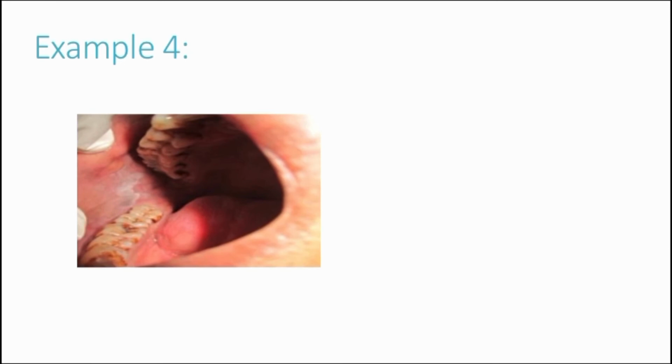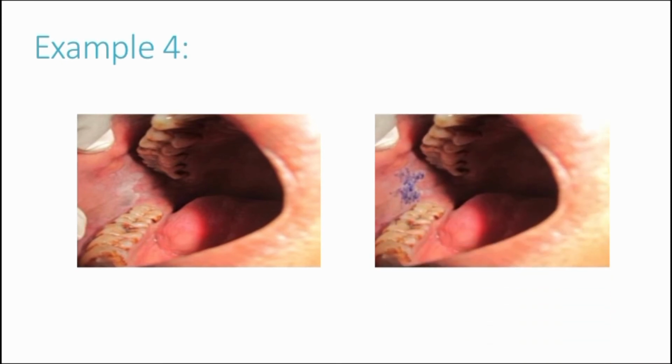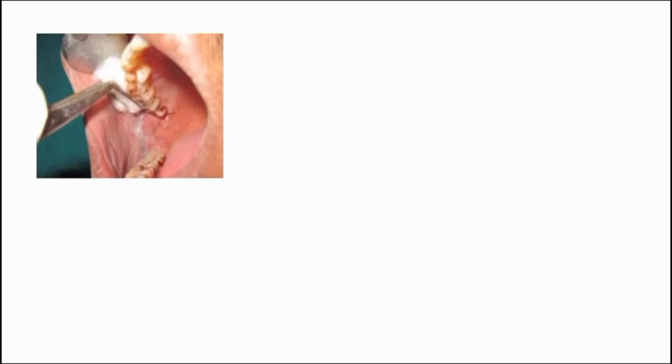The fourth example, we have a white plaque on the right buccal mucosa extending roughly between the 46, 47 and 48 region. It has a diffuse border and a rough surface. It is non-scrapable, non-inflammatory, non-tender and non-raised from the surface. We performed a toluidine blue test, which showed positive. We diagnosed it as oral leukoplakia and treat it with cryotherapy. First, the area or lesion should be dry before treatment to prevent the cotton swab from sticking to the oral mucosa.